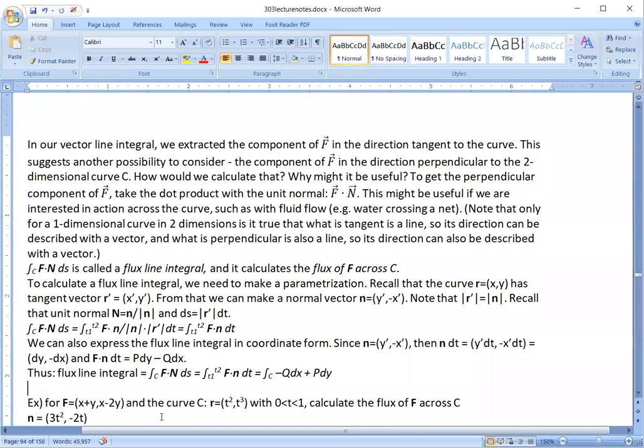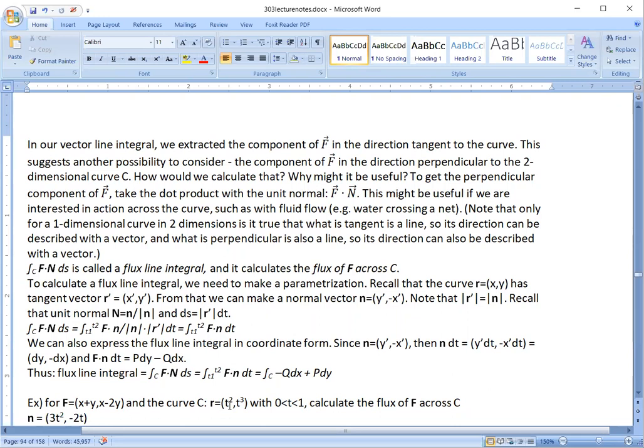This is given parametrically, so we're going to write this out parametrically. So what is n? Our normal vector n is y prime, comma, negative x prime. So that is 3t squared, comma, negative 2t.